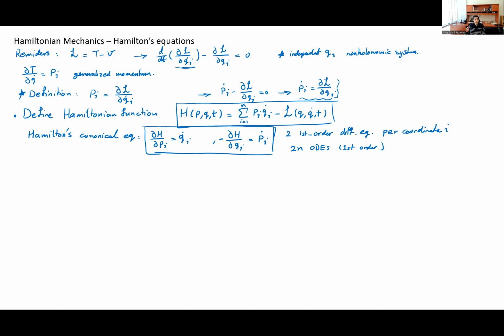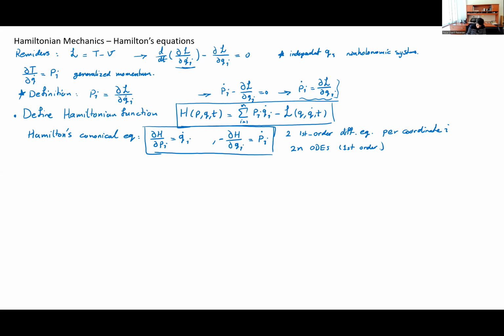Here, for every coordinate q, I have now a two-dimensional kind of configuration, p and q, that are associated with a single coordinate.